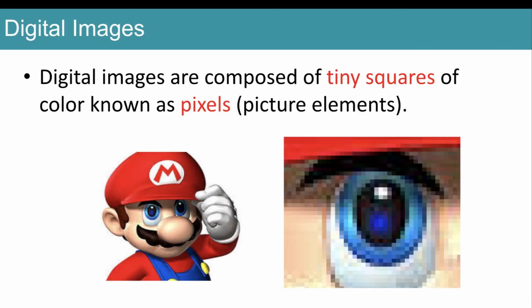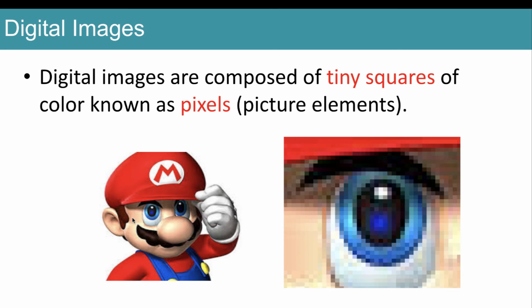So on a computer, images are made up of little squares called pixels, which stands for picture element. So if you see the picture of Mario here on the screen, if I zoom in really close to his eye, you can see that that digital image is made up of tiny little squares. And each square has a different color in it.